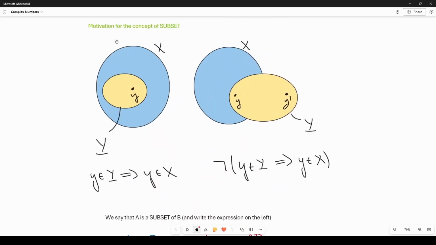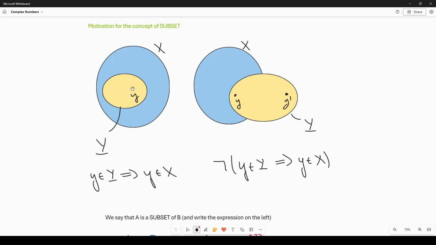Now we would like to define the concept of a subset, but before we get to the definition, I would like to introduce some motivation. Here we have two pictures. Here is a set x and a set y, and set y is fully contained within x. Since y is fully contained in x, whatever element little y I pick that is within big Y, it will also be an element of x.